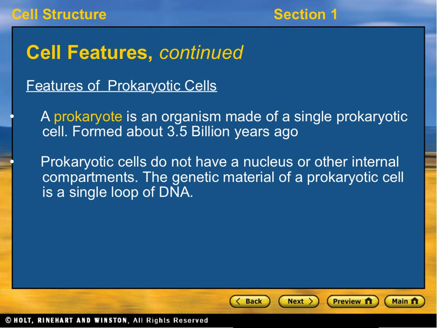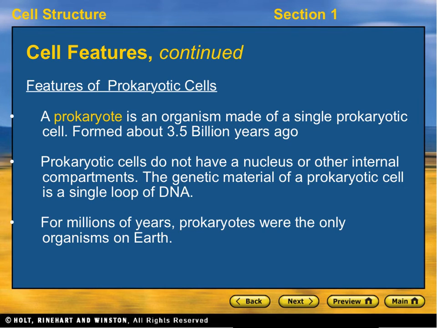The genetic material is also just a single loop of DNA inside of that prokaryotic cell. And for the longest time, like millions of years, prokaryotes were the only organisms on Earth.